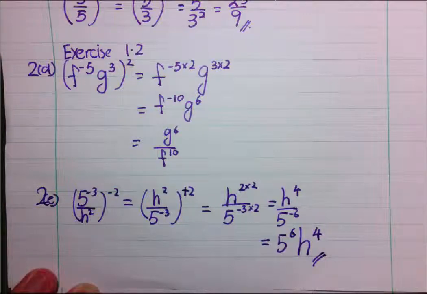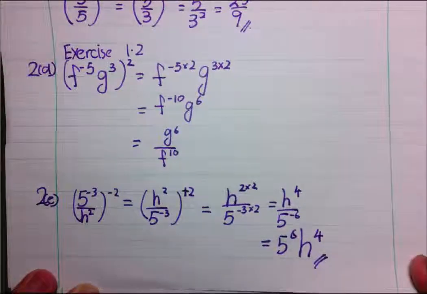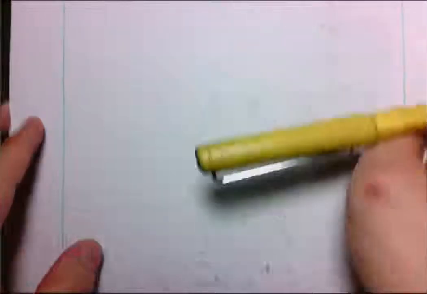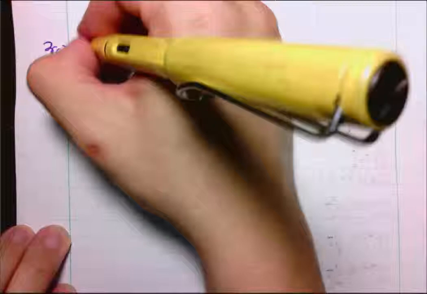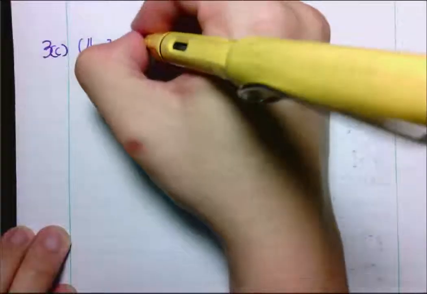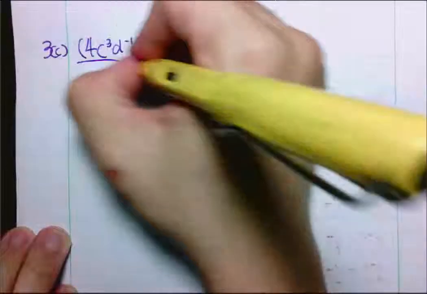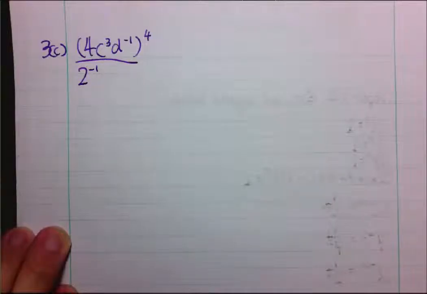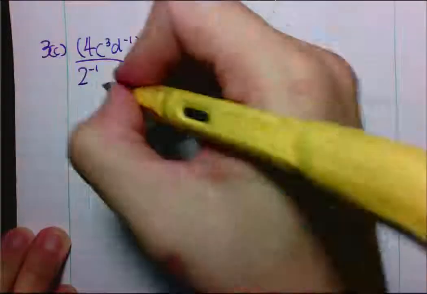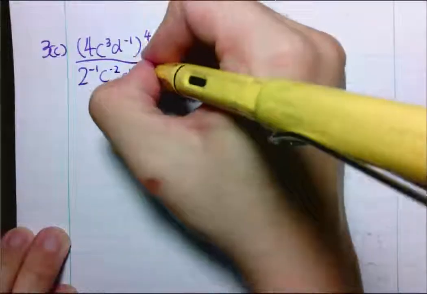Okay, and the example will be, maybe I'll do 3C. Okay, 3C. Let me just quickly copy down the question. 4c cubed d to the power of negative 1, all to the power of 4, over 2 to the power of negative 1, c to the power of negative 2, d to the power of 5.